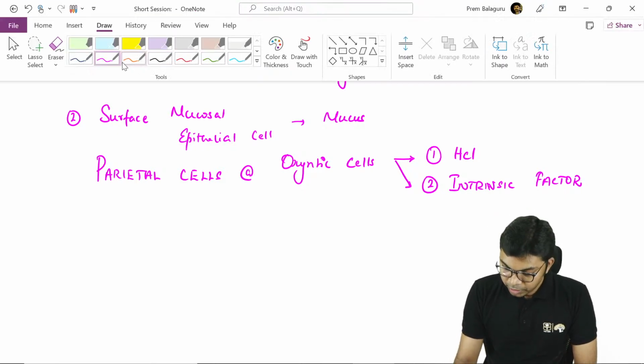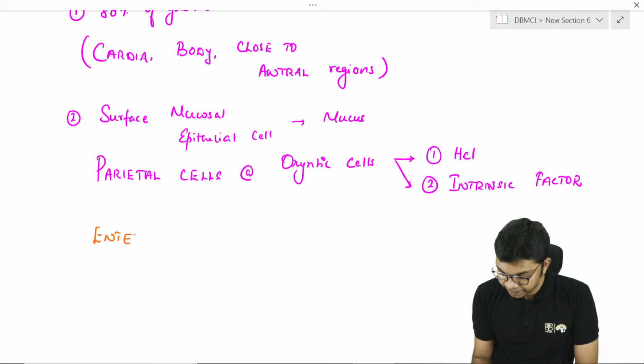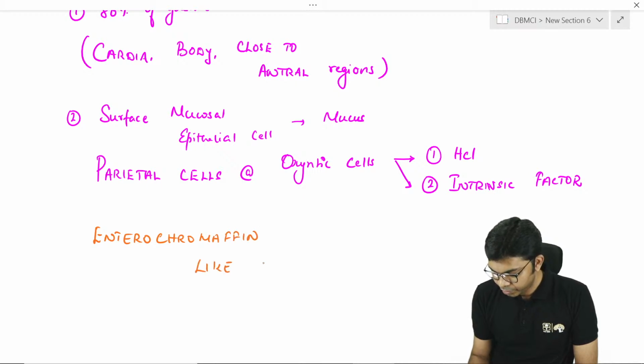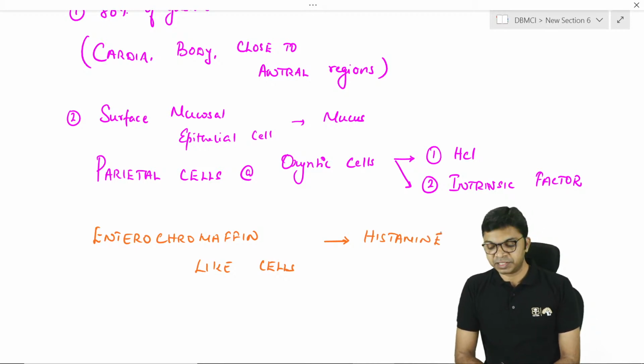Now, we do see other cells, that is enterochromaffin-like cells. Enterochromaffin-like cells produce histamine.